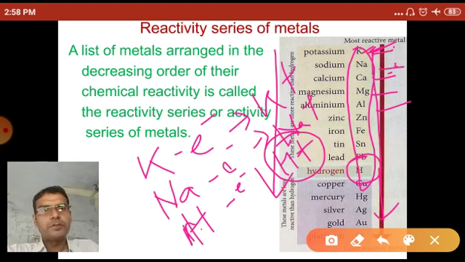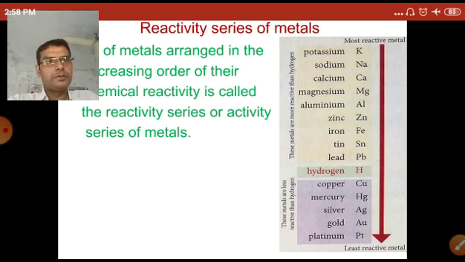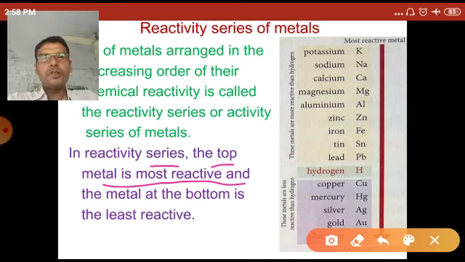So the metals above hydrogen are more reactive than hydrogen, and the metals below hydrogen are less reactive than hydrogen. In the reactivity series, the top metal is the most reactive and the metal at the bottom is the least reactive.